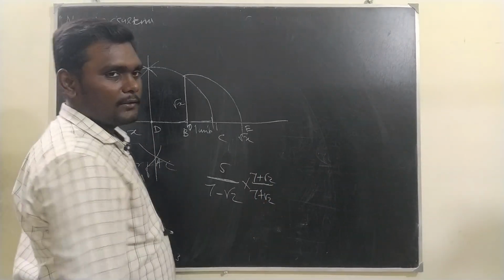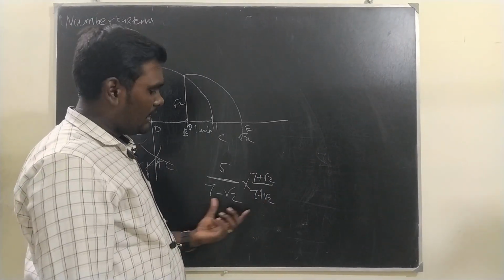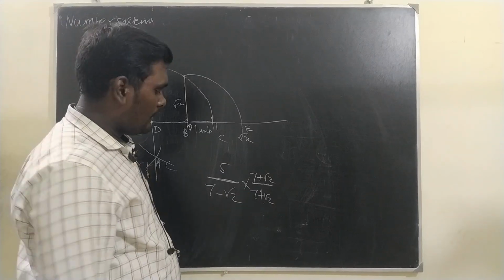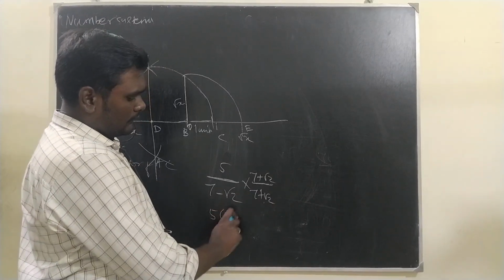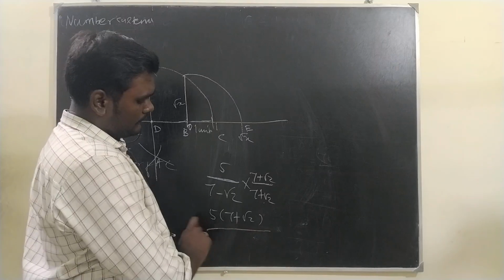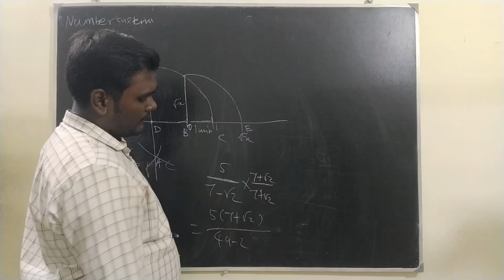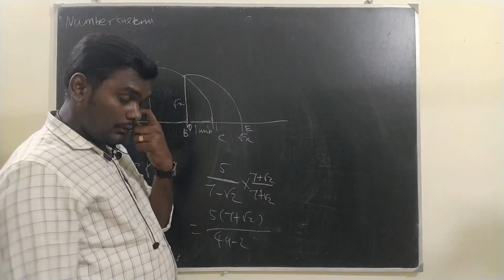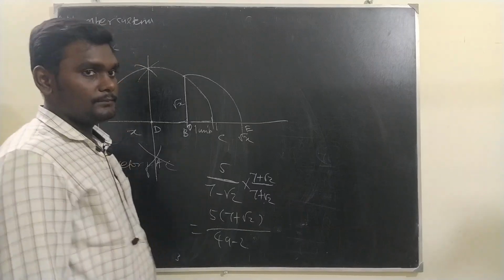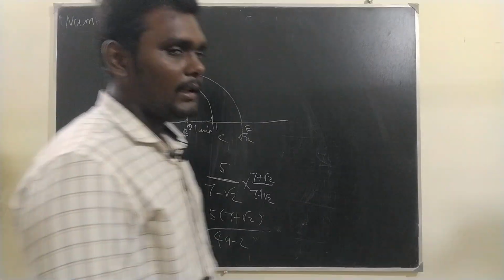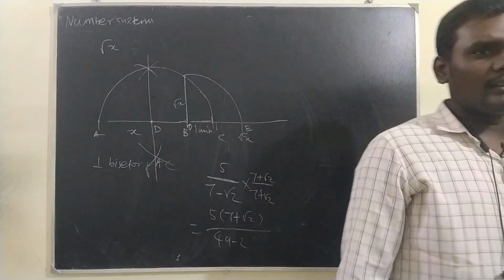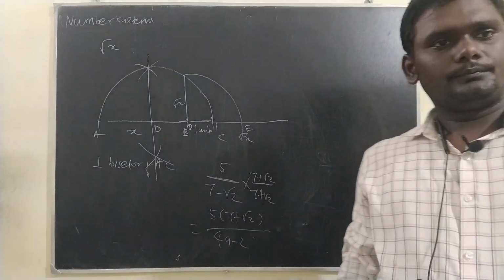Here we have to use the a square minus b square formula, a plus b into a minus b. 49 minus 2, so 7 plus root 2 by 47. Got it? The denominator is rationalized. This type of question they may ask. And then exponents and powers, as you know.